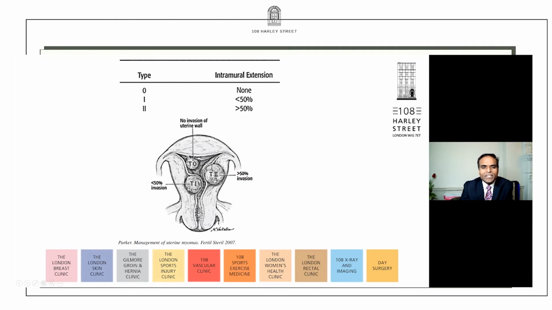The next one is type 1, where more than 50% of the fibroid is projecting into the uterine cavity. In other words, it is distorting the uterine cavity. Type 2 is where more than half of the fibroid dimension is in the uterine musculature, and less than half is in the uterine cavity.